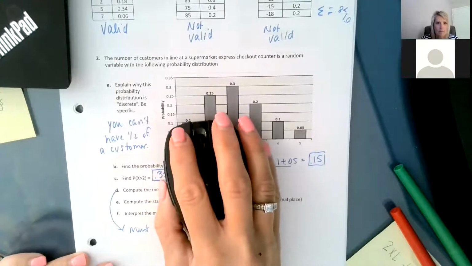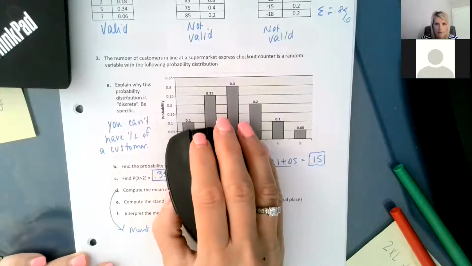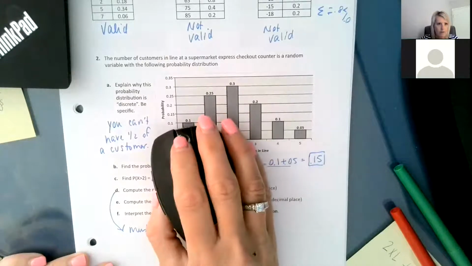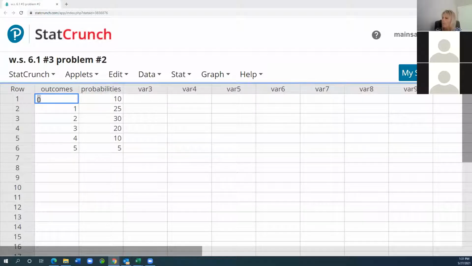I'm going to check my data here. Okay, so you can see my StatCrunch screen here. This is in StatCrunch, this data set.